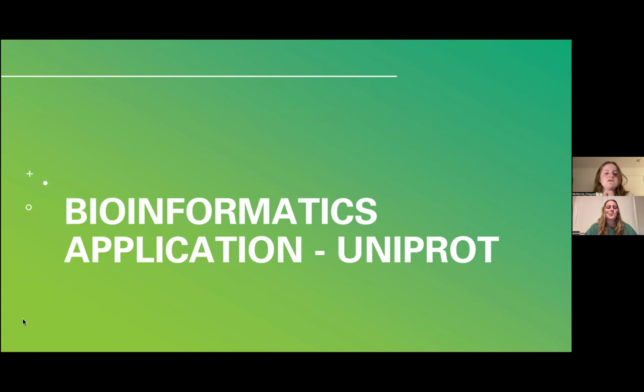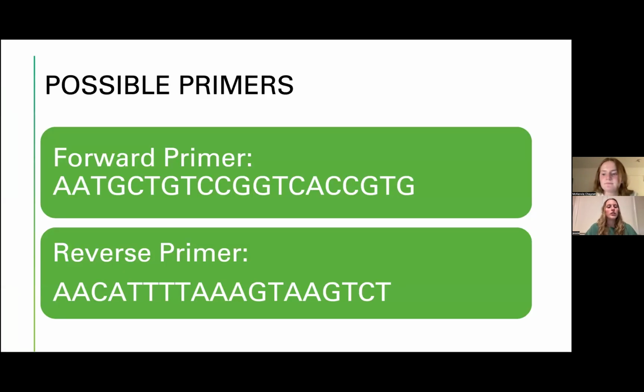Next, we're going to get into the bioinformatics application side of things, and we'll be using UniProt to do so. The first thing we did with UniProt is we created possible primers for our enzyme. As we can see here, UniProt gave us an amino acid sequence, and from there we went to the European Nucleotide Archive and we found the nucleotide sequence for our specific protein.